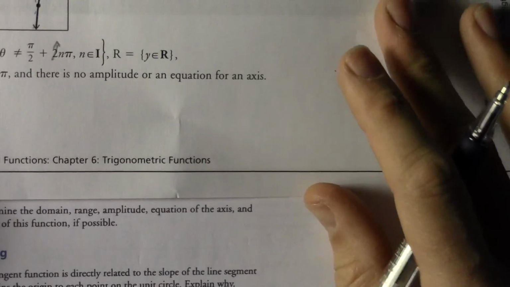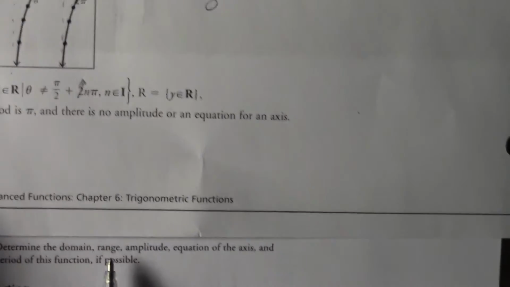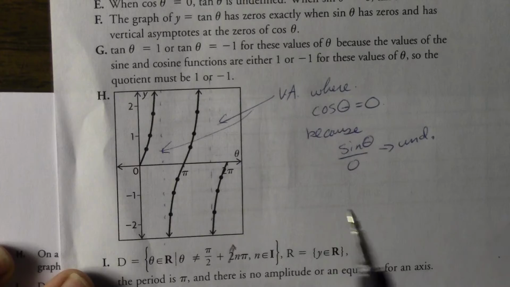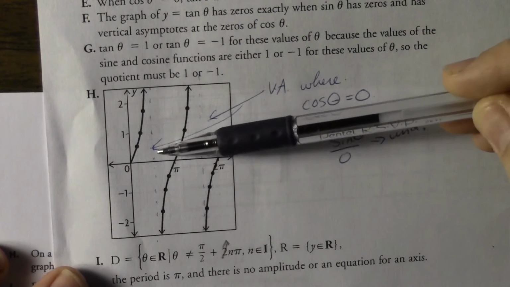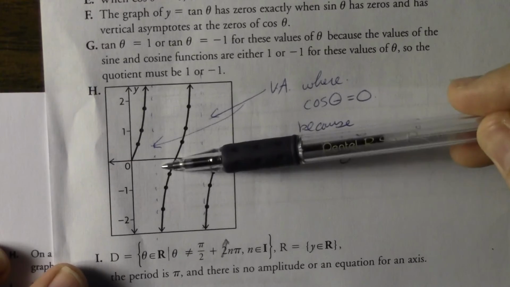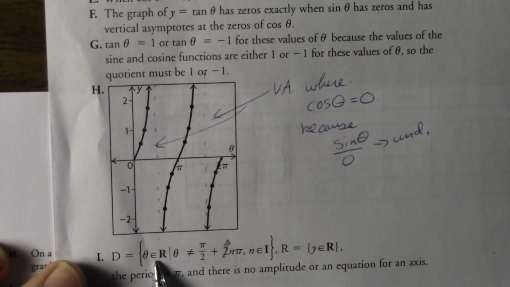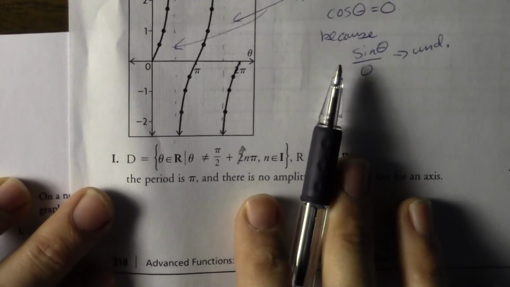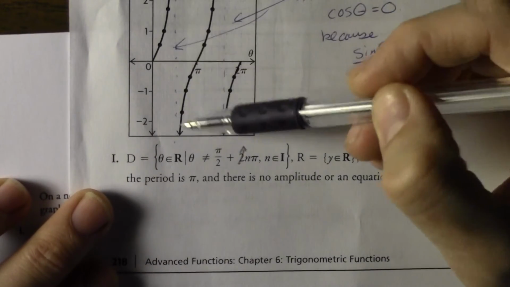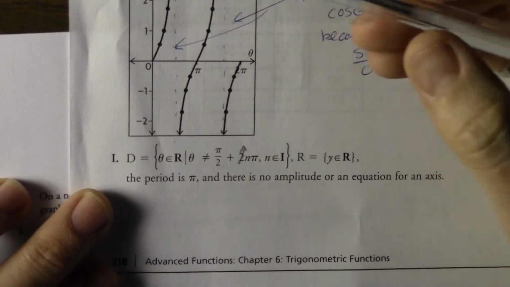All right, determine the domain, range, amplitude, equation of the axis, and period of this function if possible. So, the domain. So we have to look at all the vertical asymptote values and say that x cannot be that value, or theta in this case cannot be that value. So theta are all real numbers where theta cannot equal pi over 2, which makes sense.